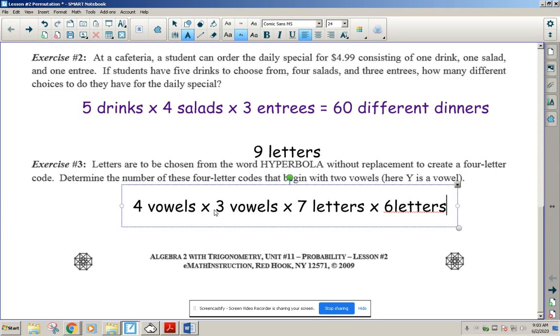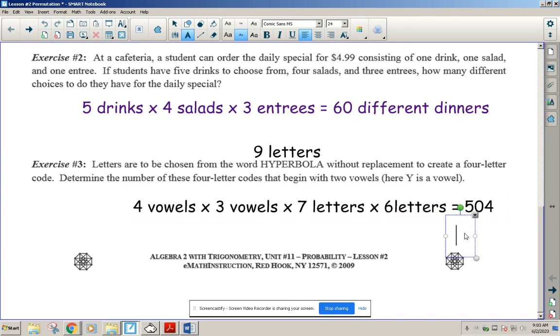So if I multiply 4 times 3, 12, and then 12 times 7, 84, and 84 times 6, I am going to end up with 504 4-letter codes that I can make. So 504 4-letter codes can be made.